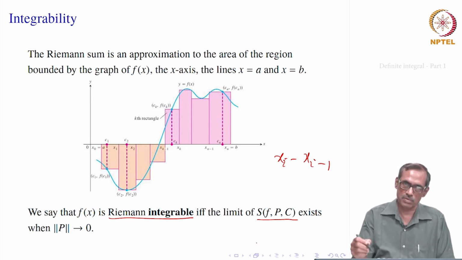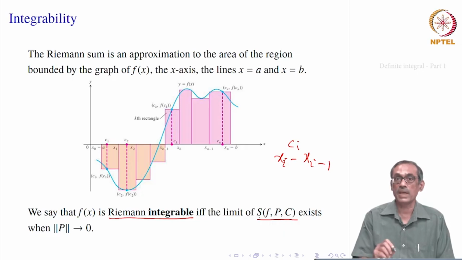Whatever choice point c_i you choose between x_(i-1) and x_i, the limit should exist. For each choice point you will get an approximation, but whatever choice points you choose, when the norm of the partition goes to 0, this limit must exist. That is the condition of Riemann integrability.